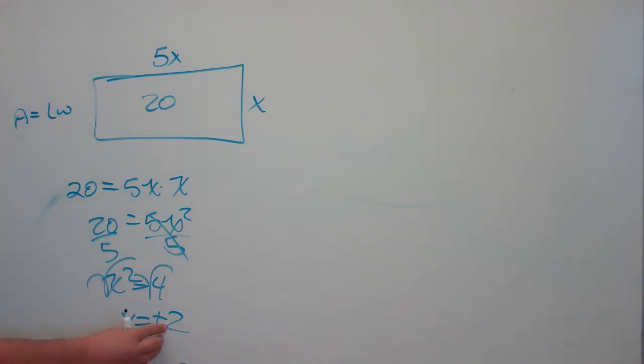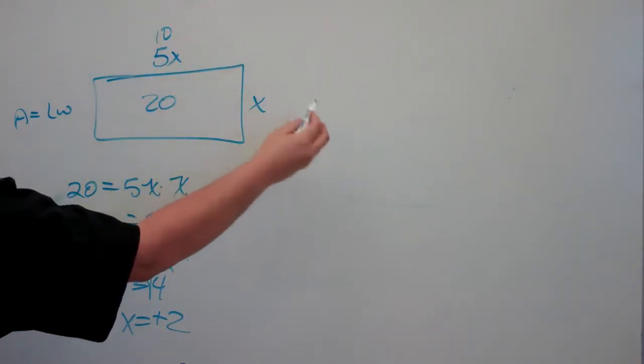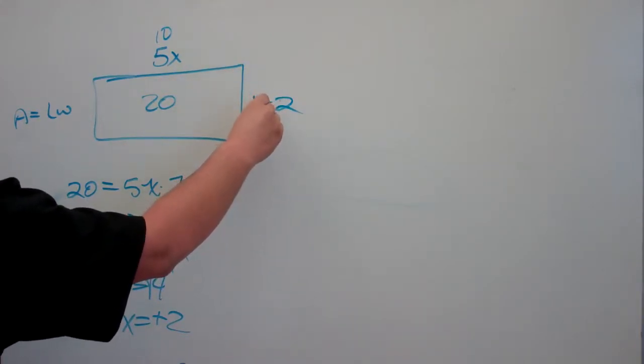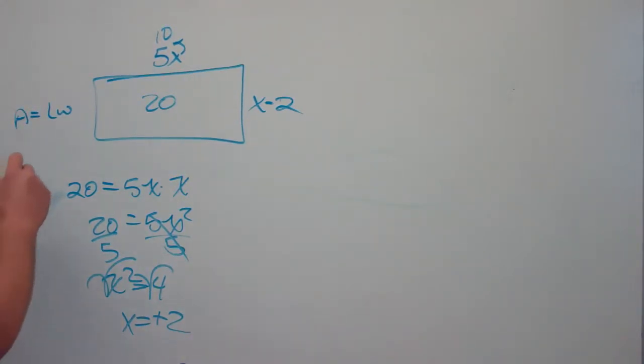But in this case, we can throw out the negative because that'll give us a negative length, and that doesn't make sense. Plug it back in. Our length is 10. Our width is 2. So again, the answer is letter C.